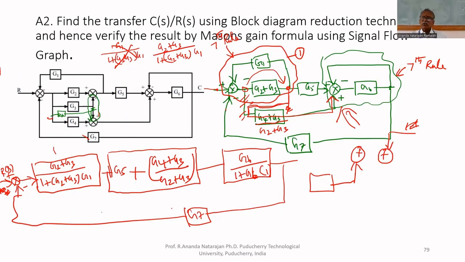Now we have to solve this by using a signal flow graph. Now we have to convert this into a signal flow graph. For that, for every junction, we have to name a node, including source node and destination node. This is the source node. C is the destination node.